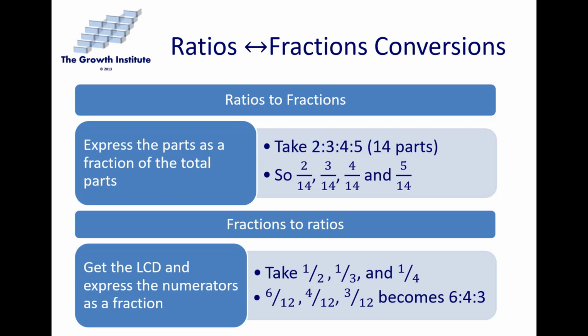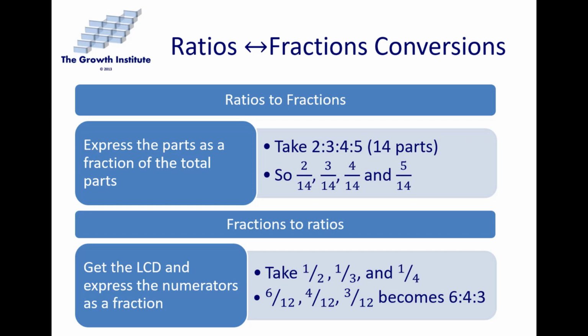It cannot be 8 because 3 does not go into 8. It cannot be 9 because neither 4 nor 2 goes into 9. So it must be 12. Simple way of doing that would be just to say 4 times 3. So now we express all of these as fractions of 12, or as twelfths. And to go from 2 to 12, we have to multiply by 6.